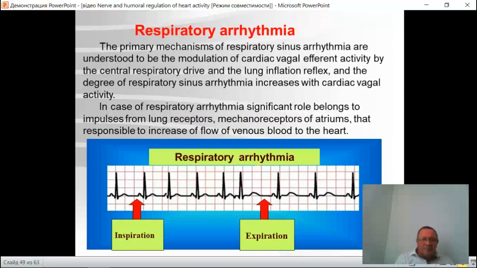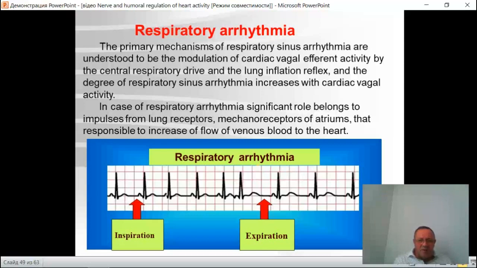Respiratory arrhythmia: the influence of lung reflexes on heart activity. The primary mechanisms of respiratory sinus arrhythmia are understood to be modulation of cardiac vagal efferent activity by the central respiratory drive and the lung inflation reflex, and the degree of respiratory sinus arrhythmia increases with cardiac vagal activity.